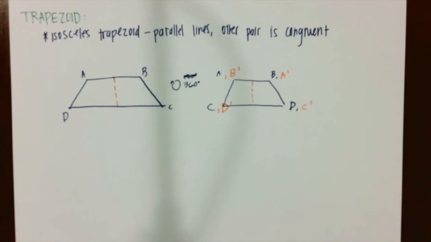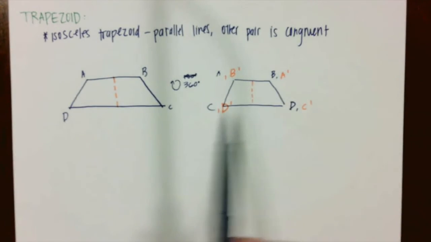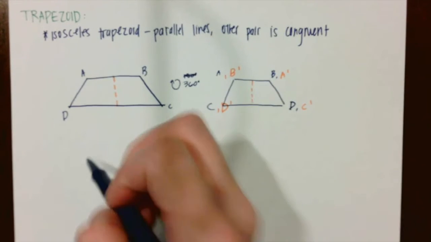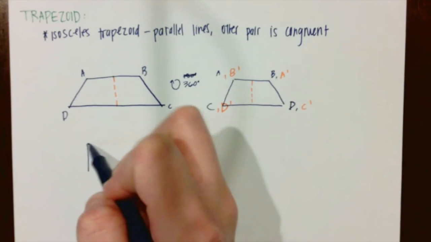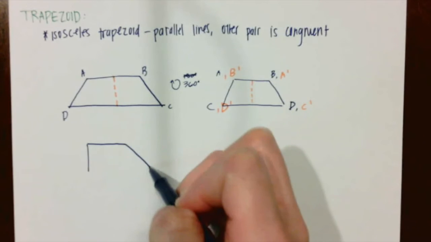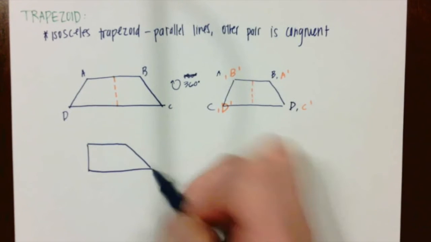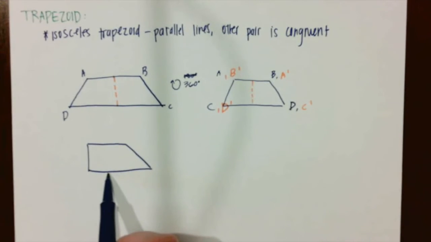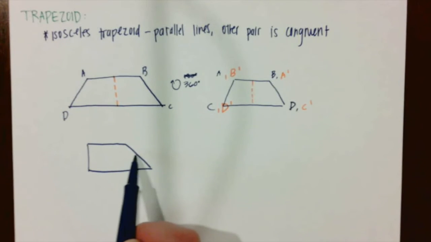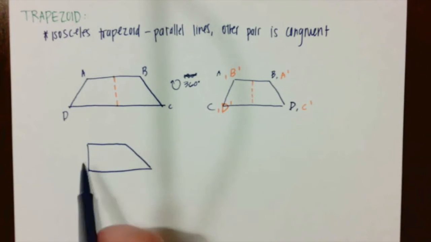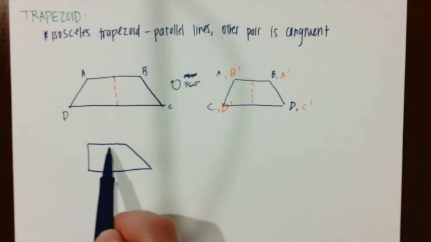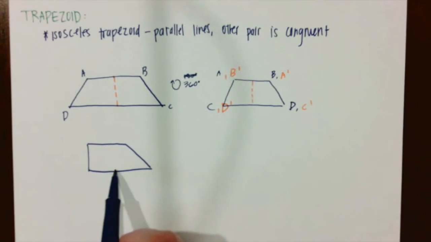So we can only do this flip thing with an isosceles trapezoid. If I had a non-isosceles trapezoid like this one, where we have parallel lines and then not congruent lines, I can't fold it in half. If I were to fold it in half right there, we would have this big long piece sticking out.